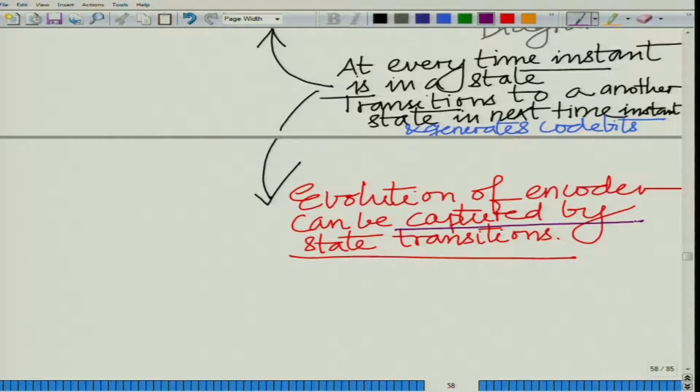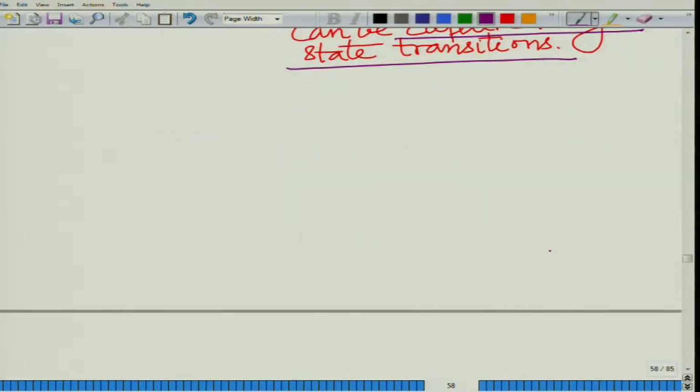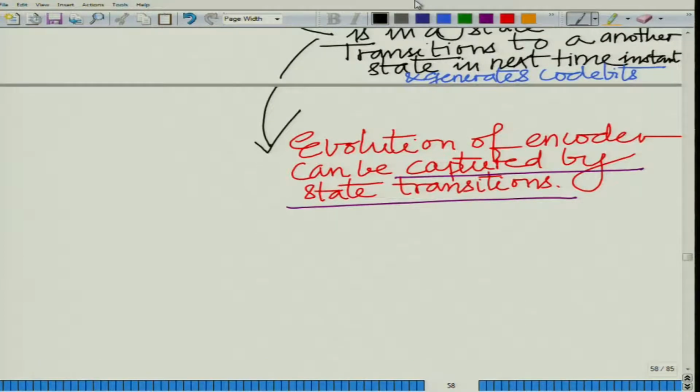That is an important point that one has to realize, that it can be captured by the state transitions, which are represented by the state transition diagram. And this mechanism of transitioning from one state to another is represented by the state diagram.